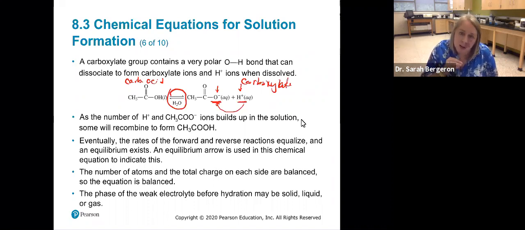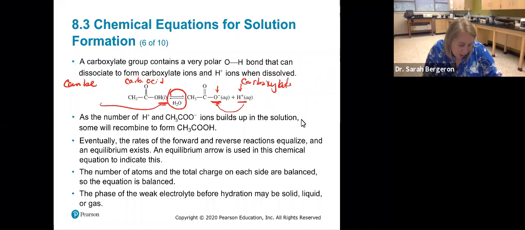If you look on the left side, everything's neutral. On the right side, you have one negative and one positive. Well, what's a negative and a positive? Zero. So our charges are balanced. And when you look at the states of matter, the weak electrolyte beforehand can be a solid, a liquid, or a gas. But then it always is going to turn into aqueous because it's in water.